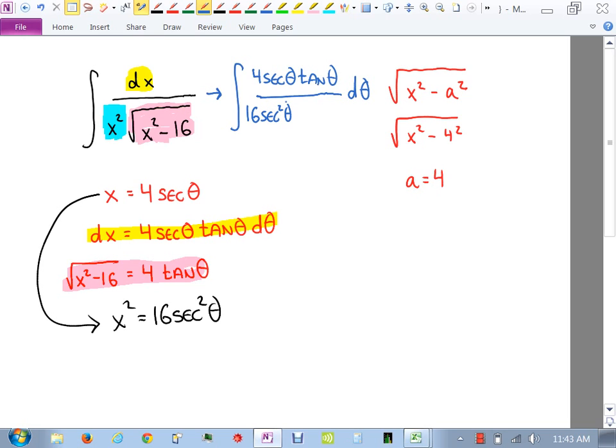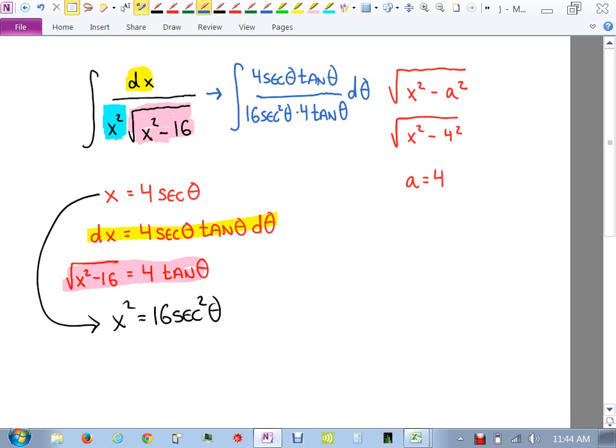And then the square root is times 4 tangent theta. Does everyone see where all of that comes from? We good? Yeah?